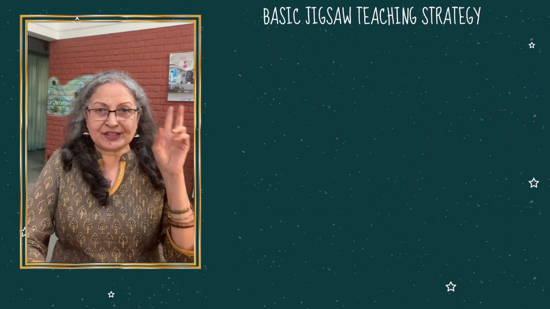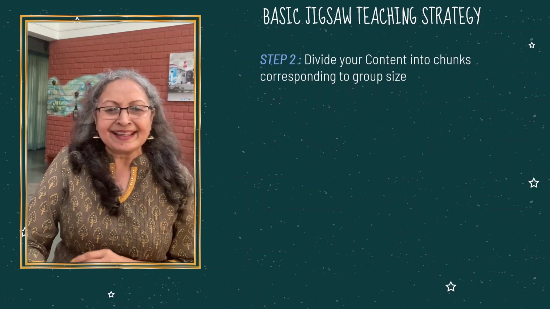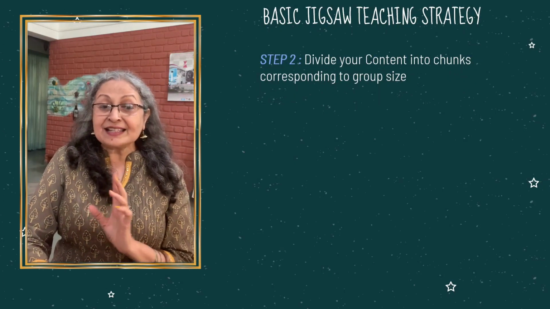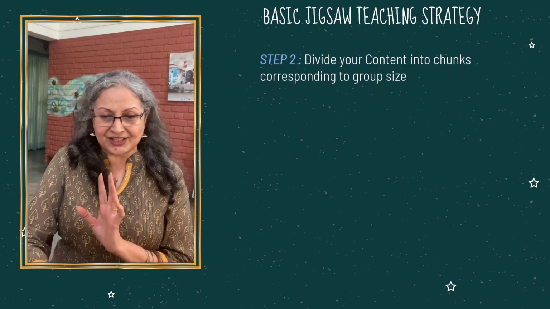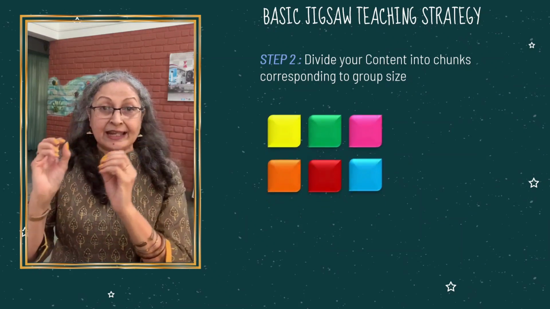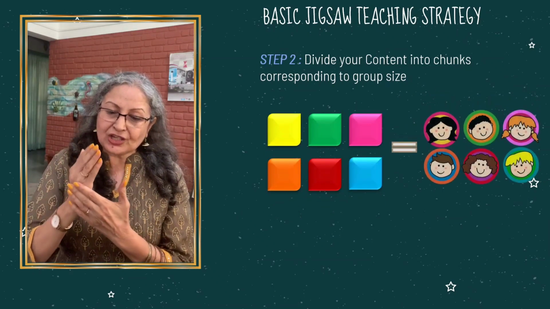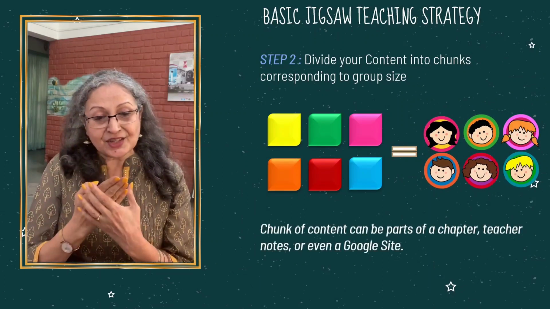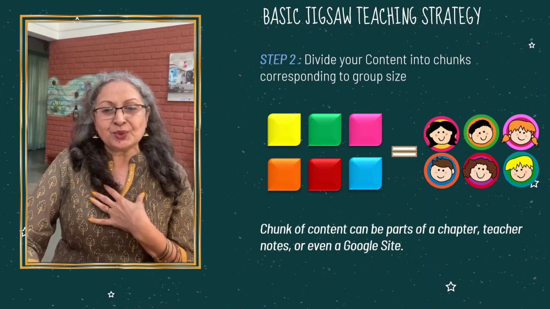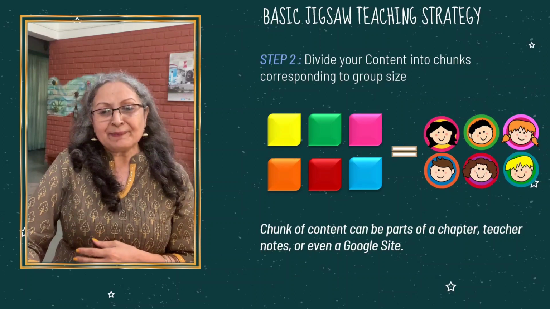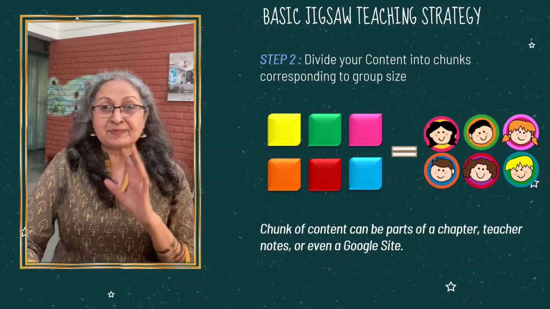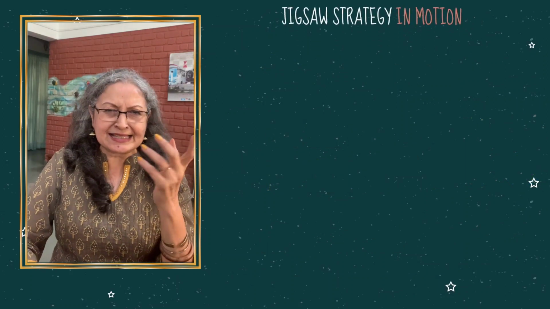Okay. So now I have created groups of 6 children in my class. I'm also going to divide the content into 6 sections. Each child gets one part of content. What is content? It can be parts of a chapter, some notes that you make as a teacher, or even a Google site that you like. Now let me take a syllabus example. The unit is landforms in geography.